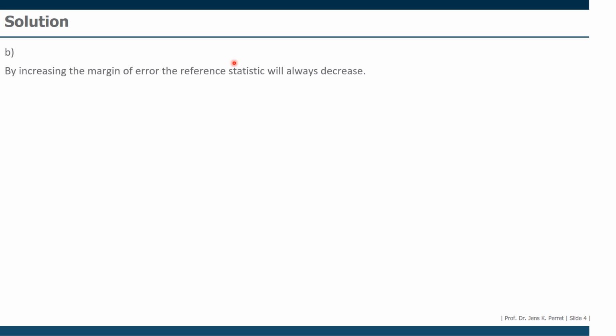A smaller reference statistic, however, means it's much easier to actually reject our H0 hypothesis. Since in this case the test statistic is already larger than the reference statistic, and we decrease the reference statistic even more, it still remains larger than the reference statistic.